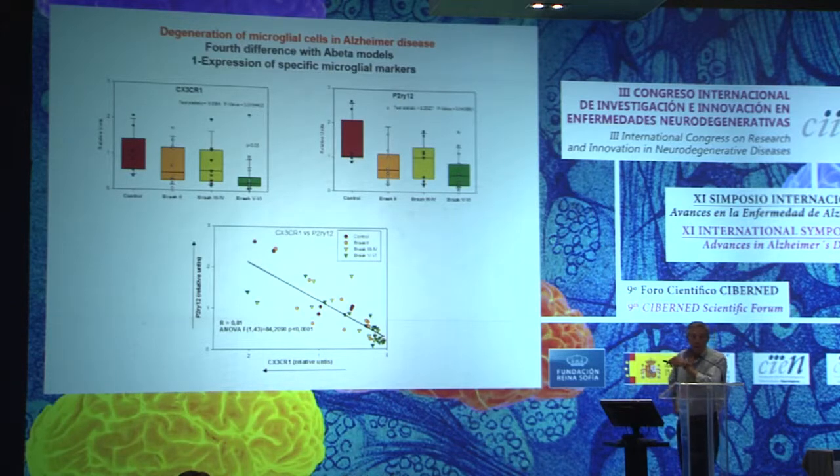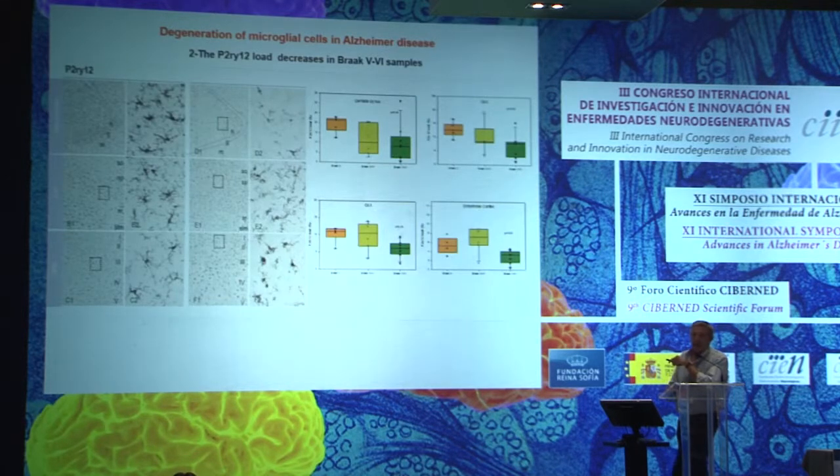Also, when we were characterizing the microglial response, we, of course, determined the expression of the fractalkine receptor, specific for microglia, and the purinergic receptor 12, specific for microglia. And we did observe not an increase, but a specific decrease in our BRCA5/6 population.